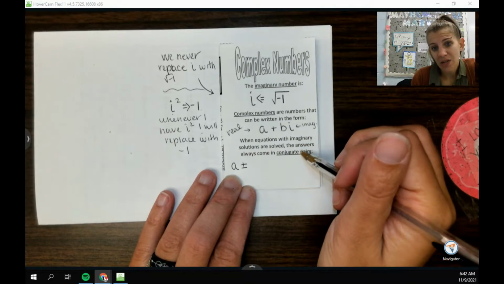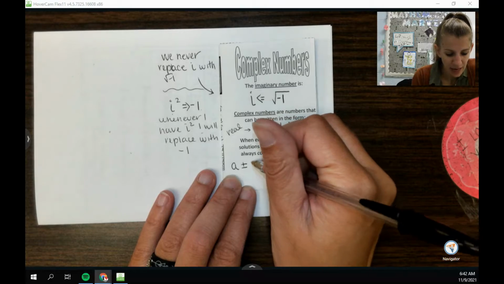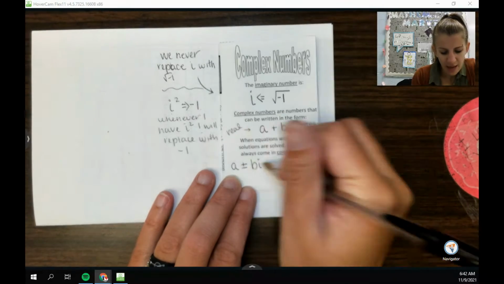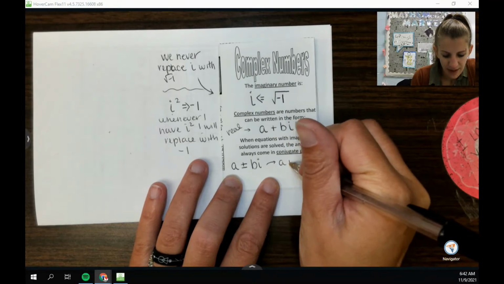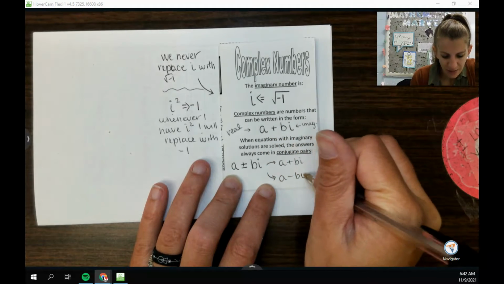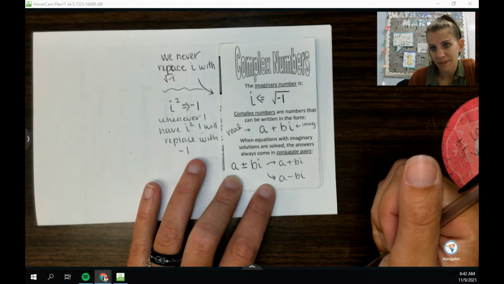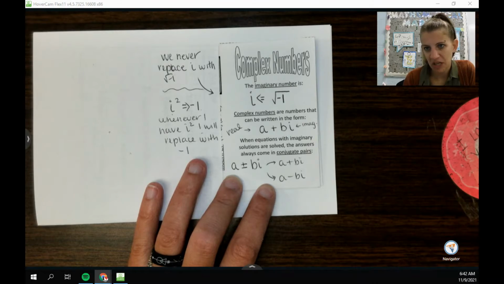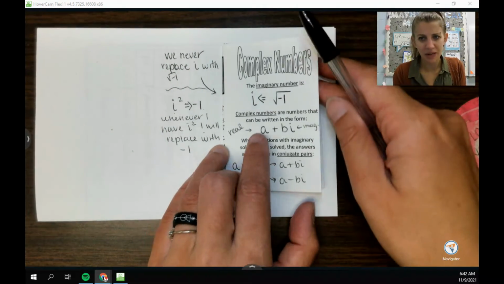Imaginary answers come in conjugate pairs as well because we're square rooting. So a plus or minus bi is a conjugate pair. You have a plus bi and a minus bi. So a conjugate pair is just where I swap the signs in between. So don't overthink it too much. They're important for reasons that will become apparent later.